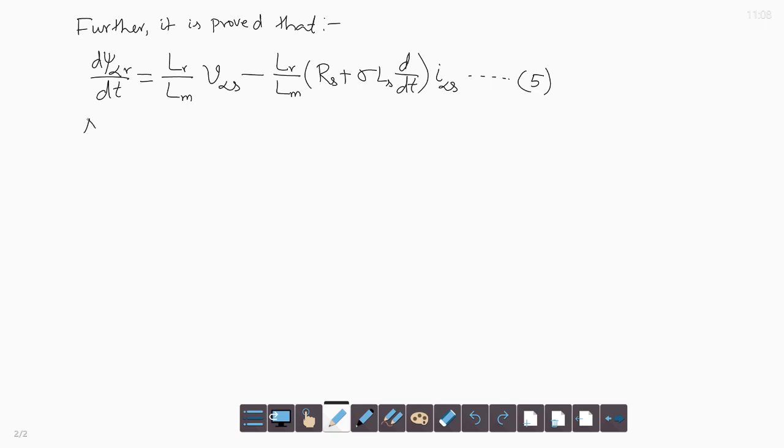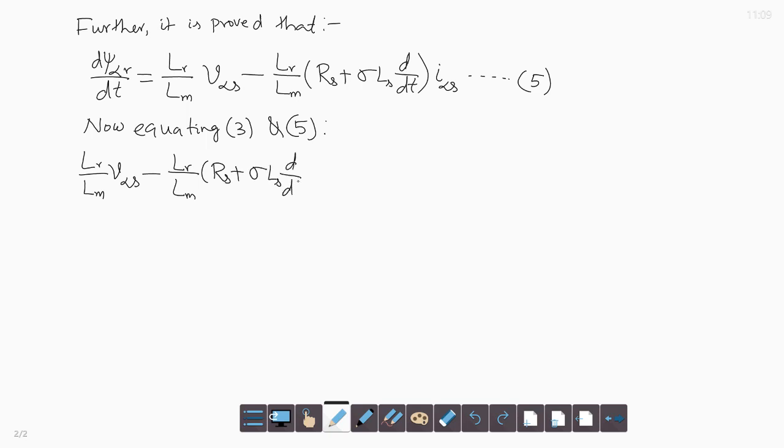So, now equating equations 3 and 5, from equation 5 d psi alpha R by dt is L R by L M into V alpha S minus L R by L M into R S plus sigma L S d by dt of I alpha S, and in equation 3 the same thing is written as minus R R by L R psi alpha R minus omega R into psi beta R plus R R L M by L R I alpha S.